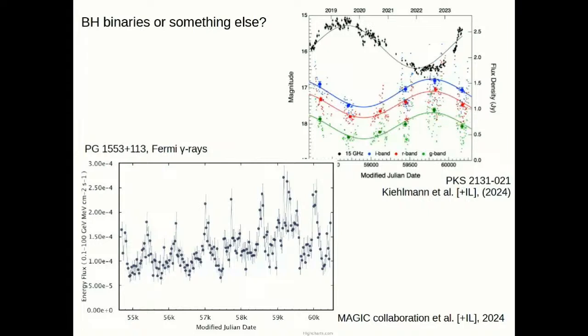So in the first case, whatever is happening is really affecting the whole jet. In the second case, it only affects the gamma ray emission region. And as we were discussing with Antonio on the first day, we don't really have any good explanation of what would be causing that just yet. So we hope that LSST will not only help us find more of these sources, but also help us understand the signature we see in other wavelengths as well.